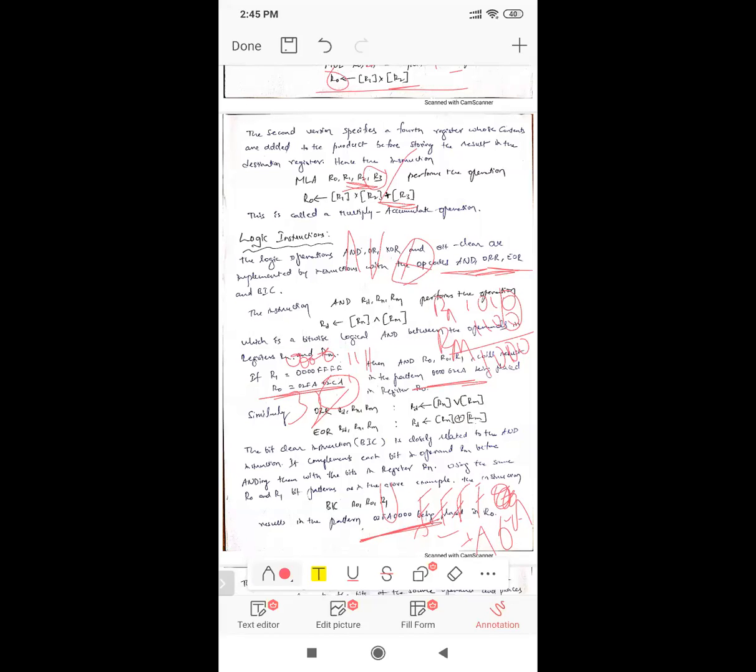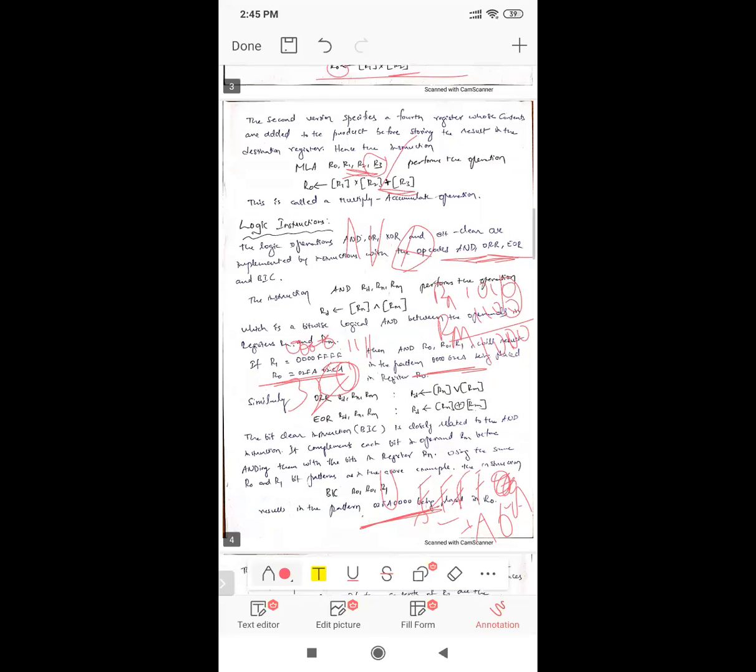If you want to clear only 8 bits, only the CA bits, we have to complement the R1 register on those 2 digits only, and the remaining digits are not complemented. Like that we can clear any bits in the register.